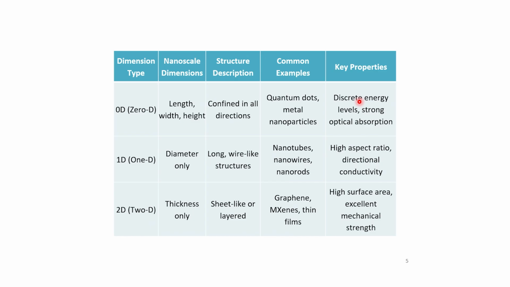So it creates discrete energy levels. Unlike the bulk material, which has continuous energy bands, the electron now has discrete energy levels or distinct bands, and the distance between the conduction band and valence band increases. So a high energy is required for the electron to jump from the valence band to the conduction band.